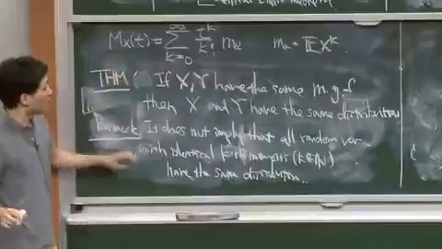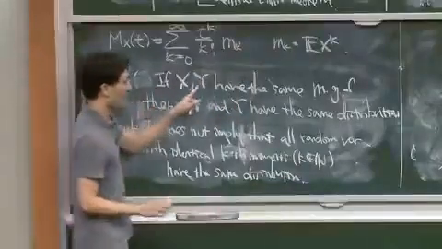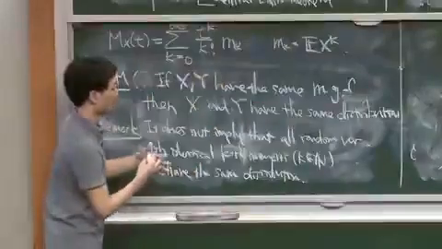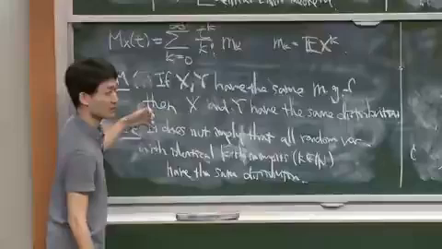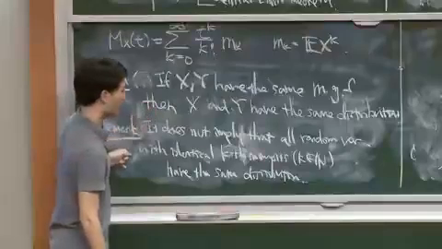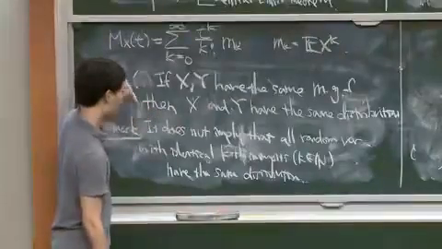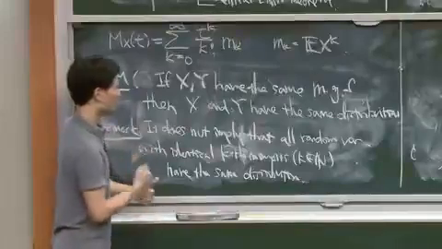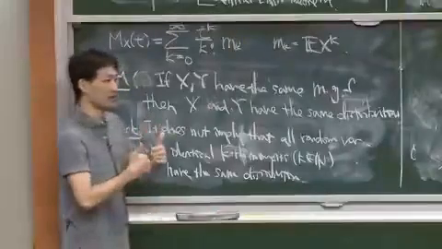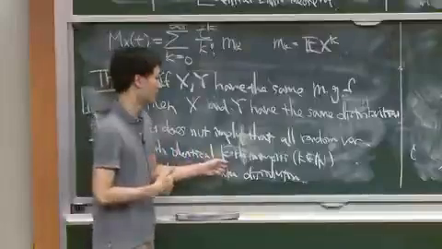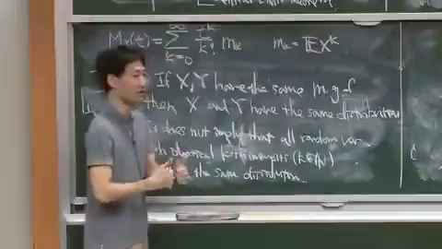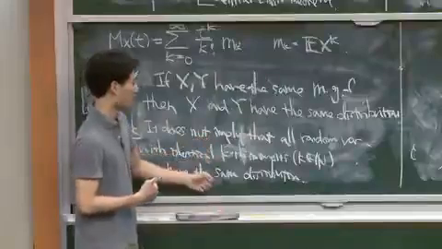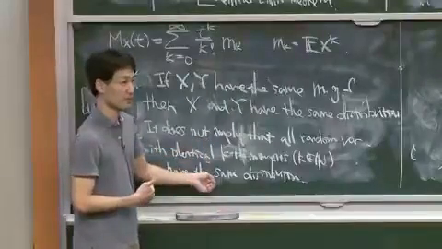Do you see it? If X and Y have a moment generating function and they're the same, then they have the same distribution. This looks a little bit controversial to this theorem. It says that it's not necessarily the case that two random variables which have identical moments, so all k-th moments are the same, have the same distribution.